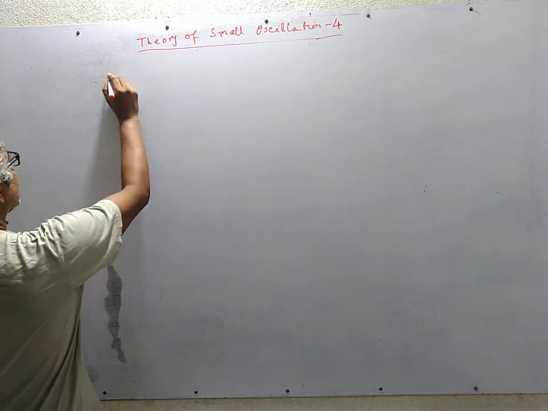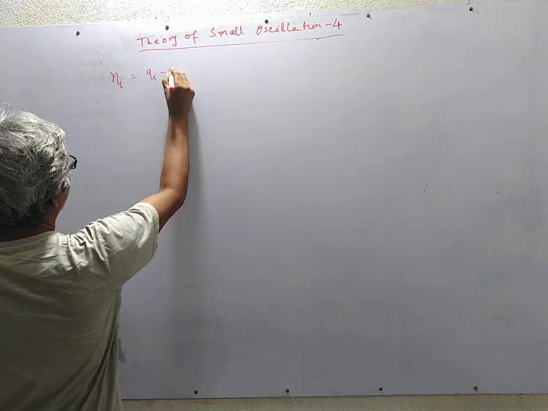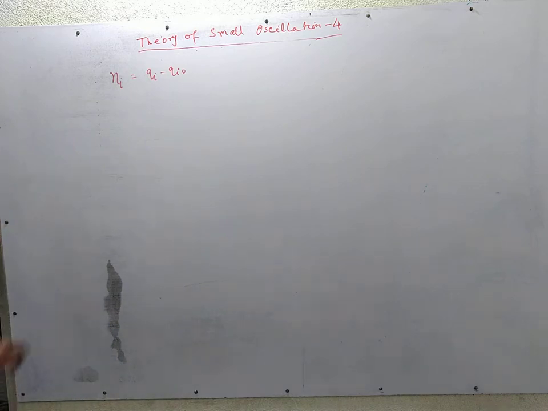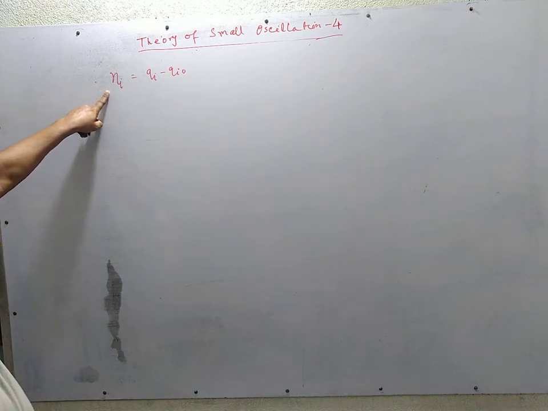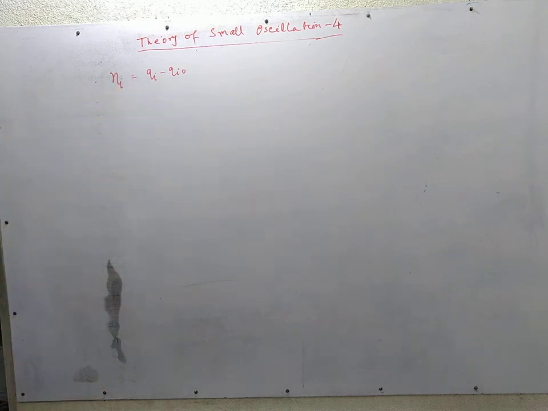We introduced generalized coordinates eta i, which represents qi minus qi0. That is, it represents the displacement from the stable equilibrium point corresponding to the ith degree of freedom.